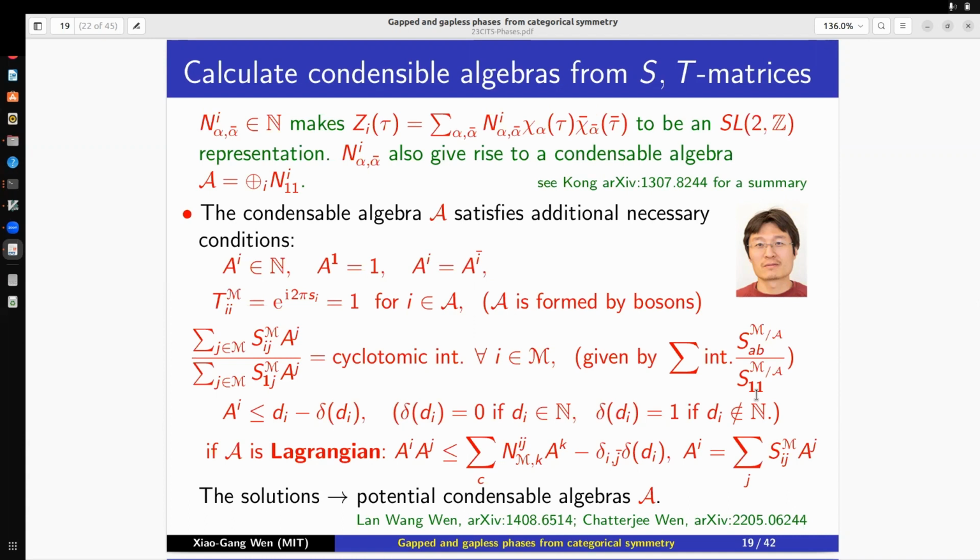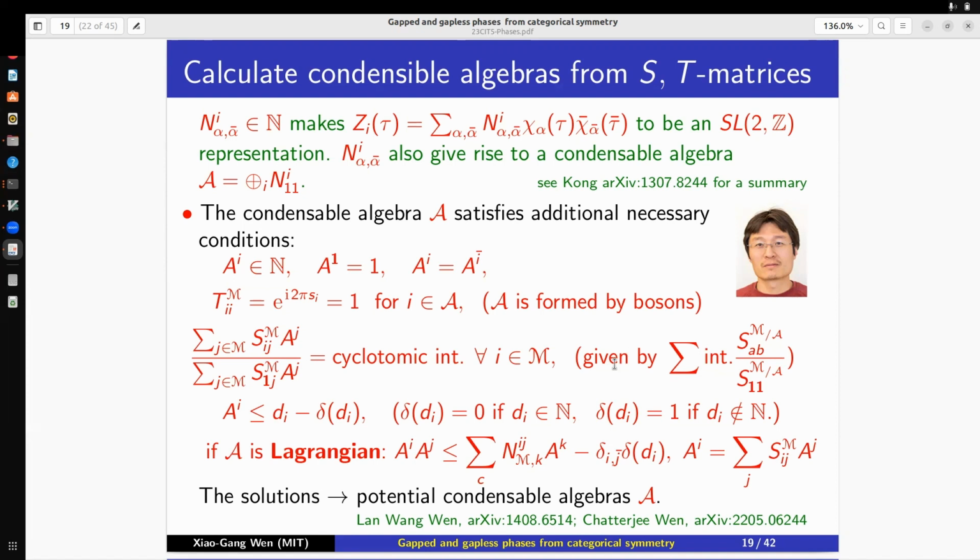But unfortunately, the condition given is not necessary and sufficient, so you may get some fake results. But imagine you can get the full results. Then that's basically a classification of SPT states, even for non-invertible symmetry, or for any symmetry, anomalous or whatever. It's all here.